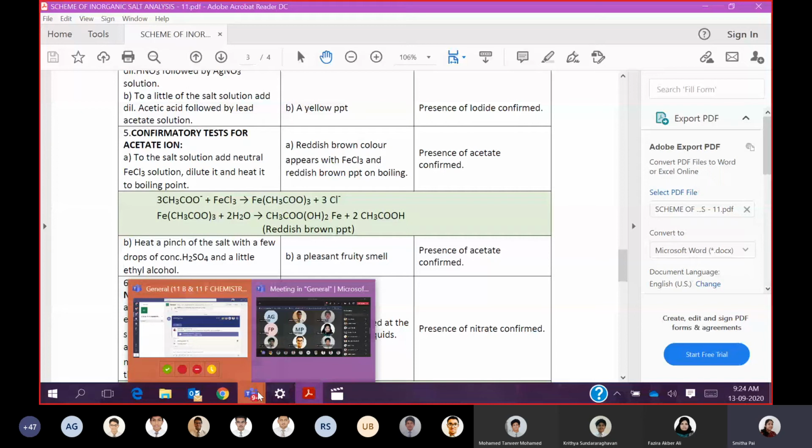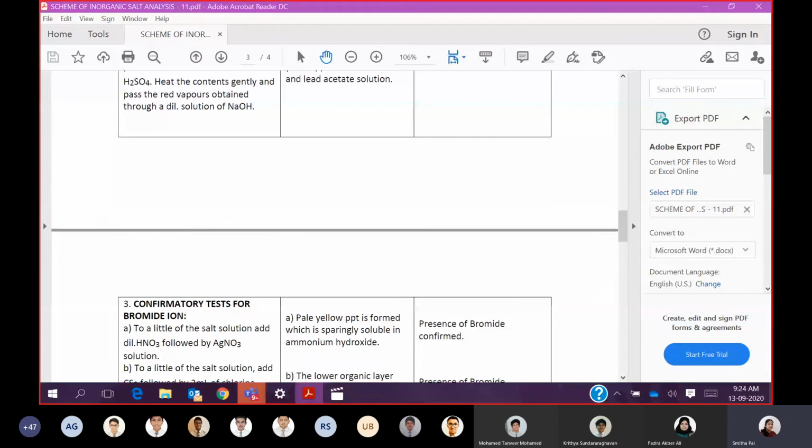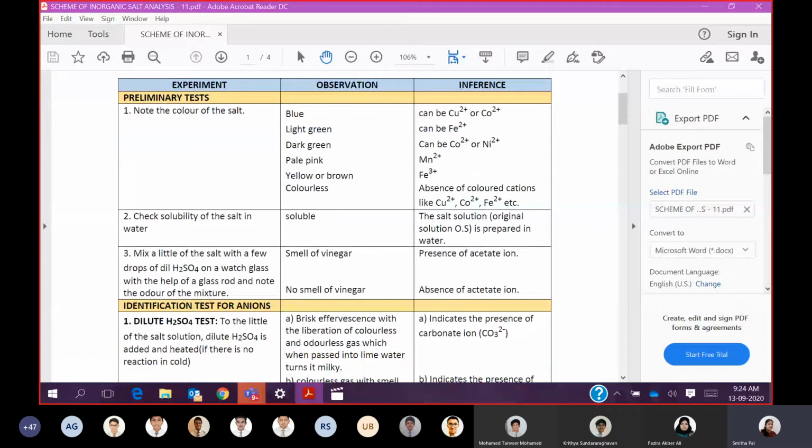Colored salts indicate the presence of iron, cobalt, copper, nickel. So if the salt is white, that indicates the absence of colored salts like copper, cobalt, and iron. Then solubility in water: the salt is soluble in water, so you can prepare the original salt solution.